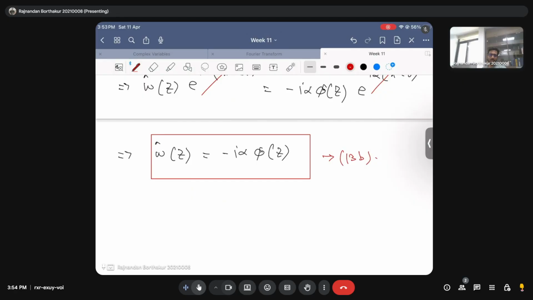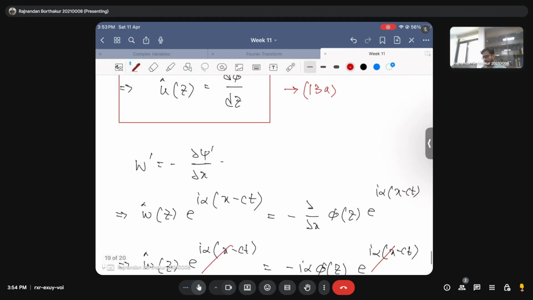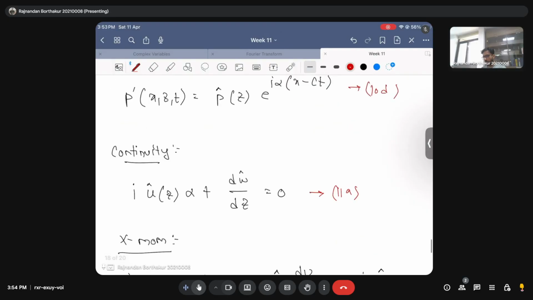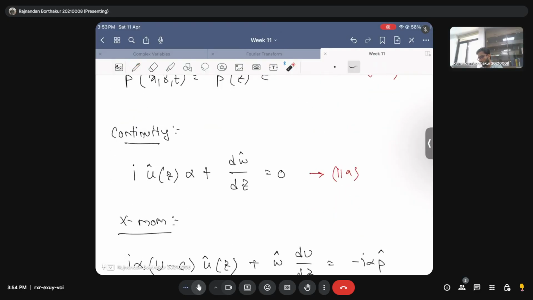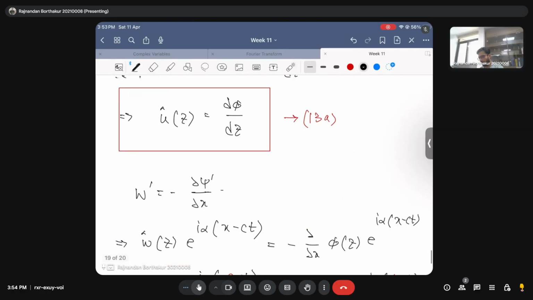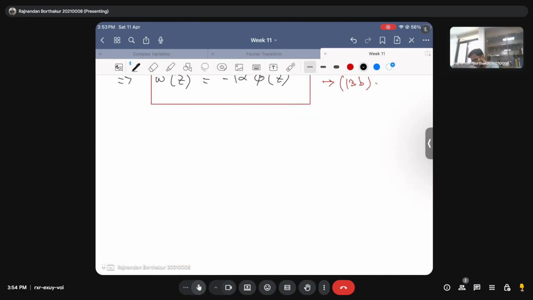Let's do one quick check. Let's substitute this into the continuity equation, because we know u hat and w hat in terms of phi. So what was the continuity equation? It was i alpha u hat plus d of w hat by dz.